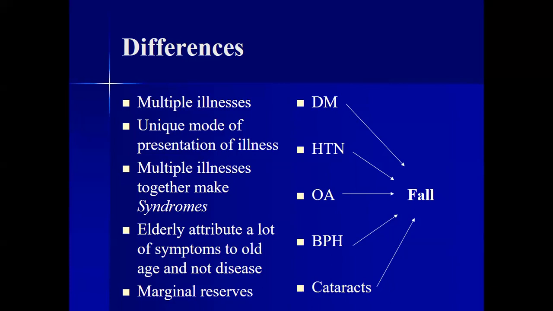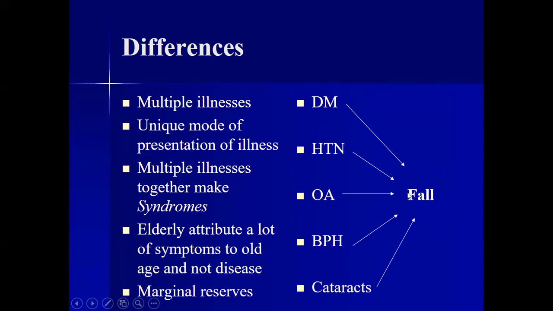Look over here, the patient may have diabetes, hypertension, osteoarthritis, and if he's a male, benign prostatic hyperplasia, cataract. So he actually has these issues. But if you combine all these issues, they all contribute towards a very unique identity, which is called a fall.